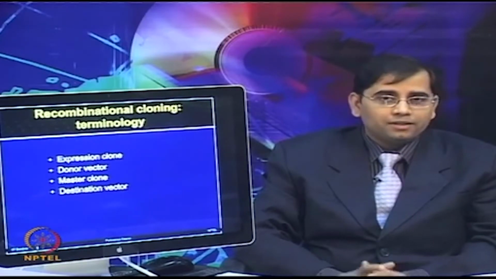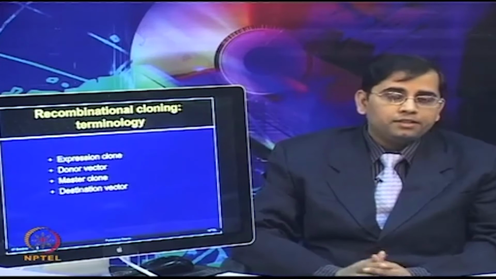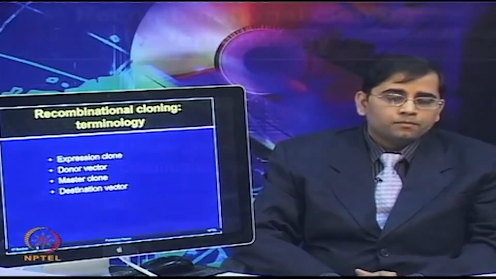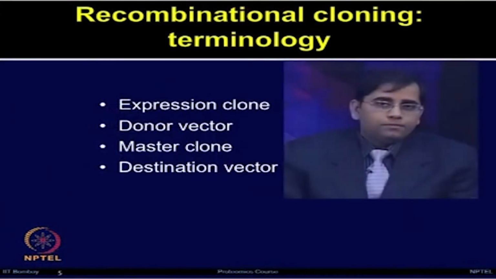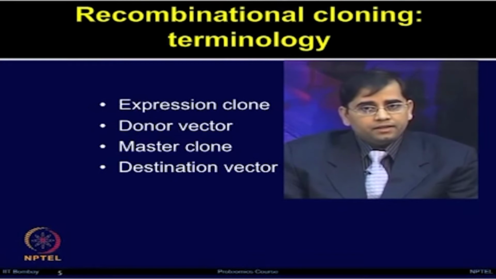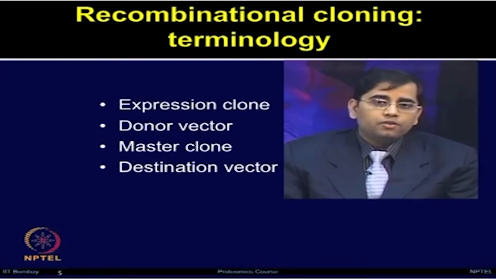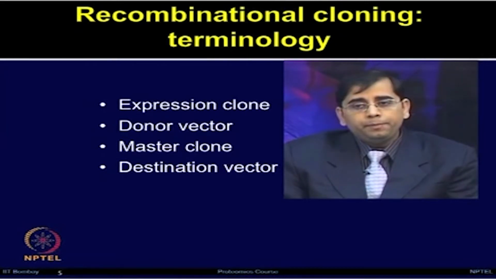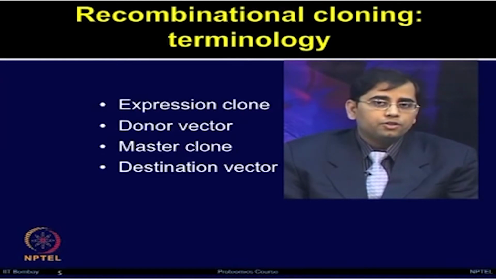These things will slowly become clear to you in the subsequent slides. So, let us define what a master clone or entry clone is. It is the vector containing the gene of interest flanked by att L sites. Entry clones are formed by the BP reaction and further used in the LR reaction to produce expression clones of interest.